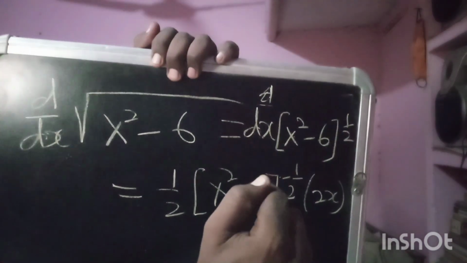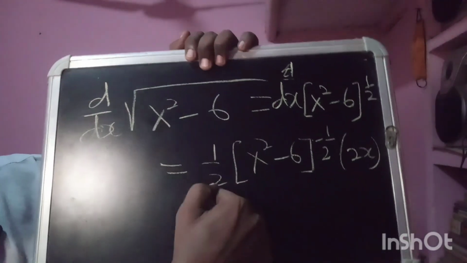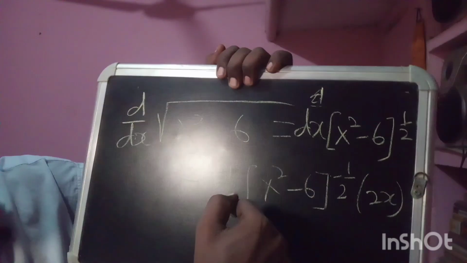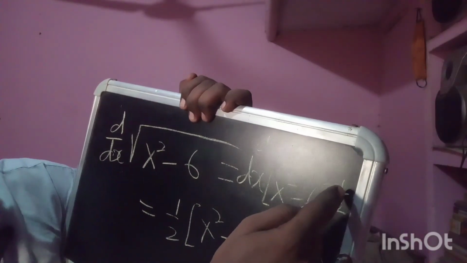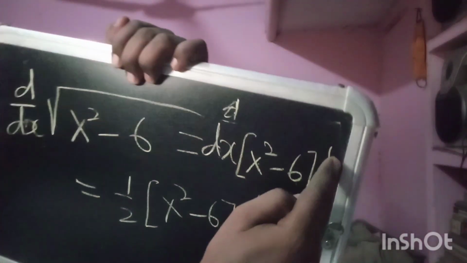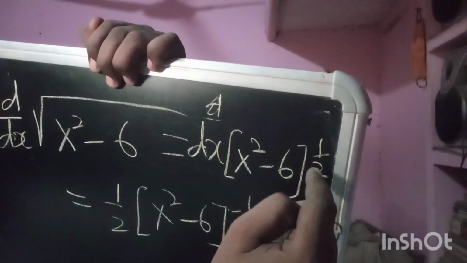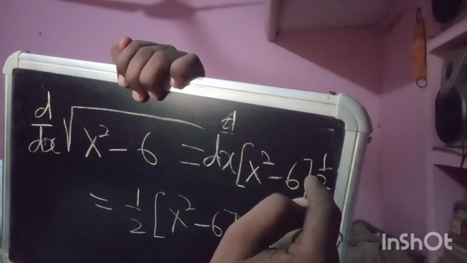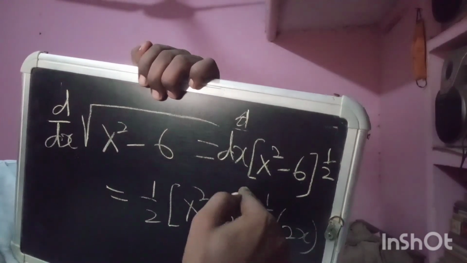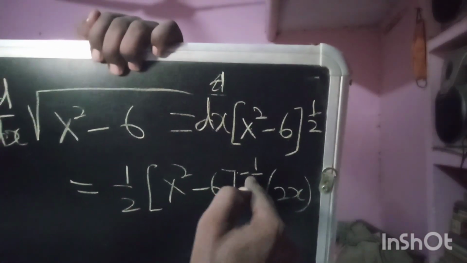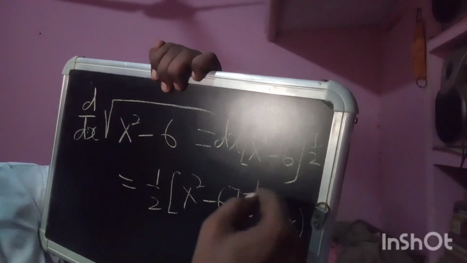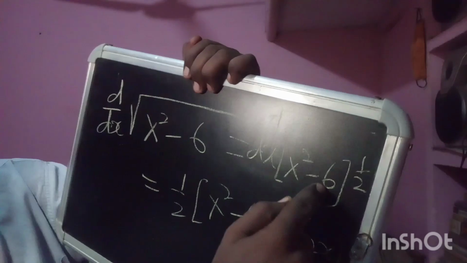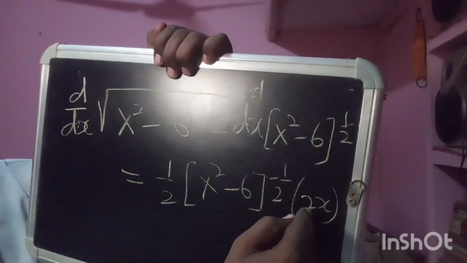What happens next is that half will move in front, and the inside will remain the same. This has come down because we subtracted 1 from half, then it becomes minus half. This is what we have written here. Then we differentiate the inside. The constant, which is 6, will disappear, and x squared becomes 2x, which is what we have here.